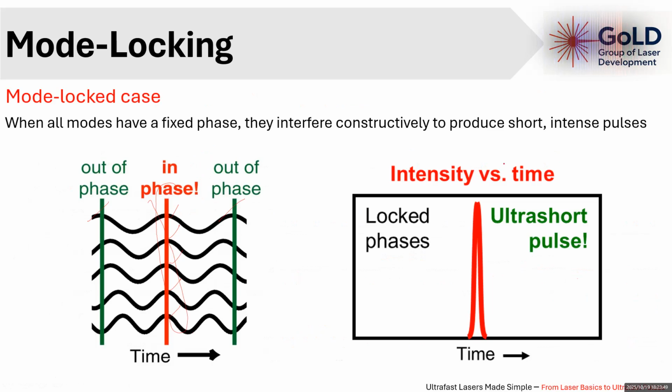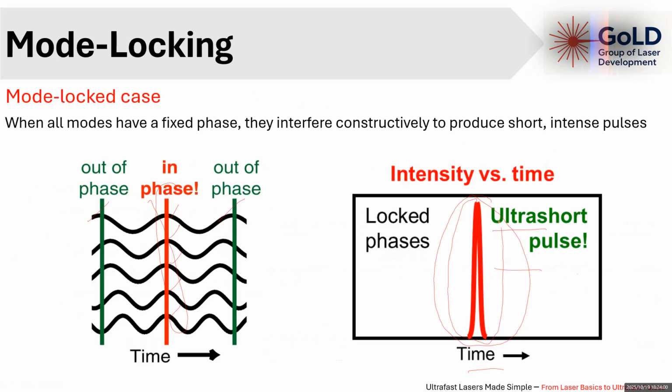At the output, you get this kind of pulse in the temporal domain. This pulse happened because of these locked phases. So there is a clear difference between the non-mode locked and mode locked case.